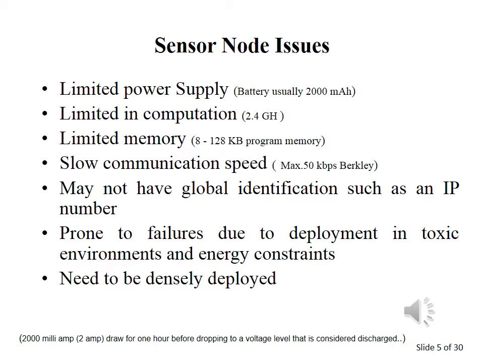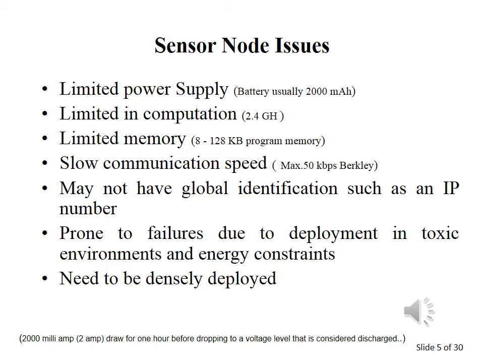As you people know, the sensor node is limited in power supply, limited in computation, limited in memory, has slow communication speed, and it may not have global identification such as an IP number, etc. Also, a main problem is that these sensor nodes are prone to failure because of their deployment, which normally occurs in some toxic environment, and energy constraints because of the limited power source, that is the battery.